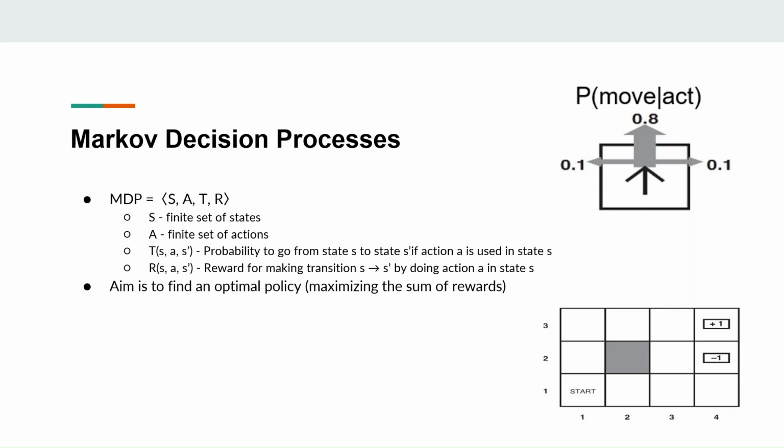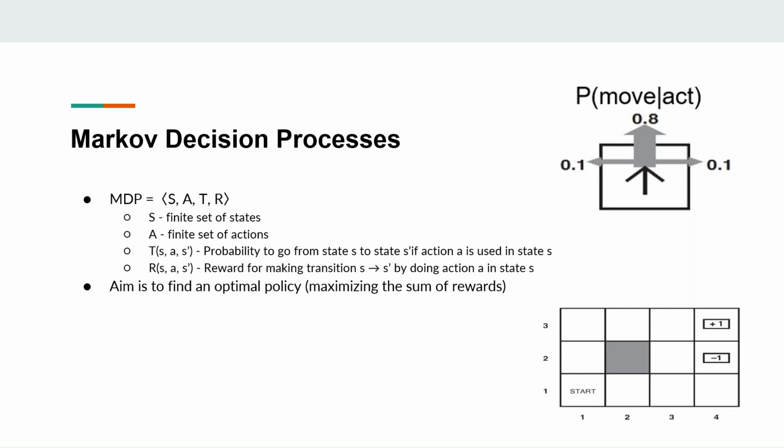For now, we're just going to get some terminology out of the way. So hopefully the maths that we will see in a bit doesn't seem as scary. So we will start with our states. Essentially, every square that you see here is a state that we can either be in or we're not in. You have a set of actions.